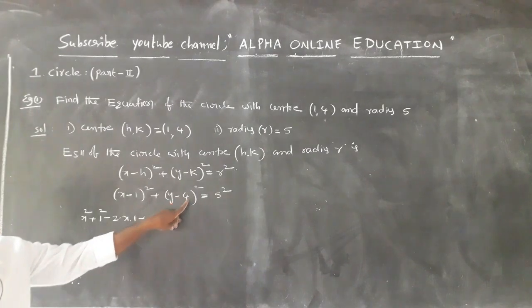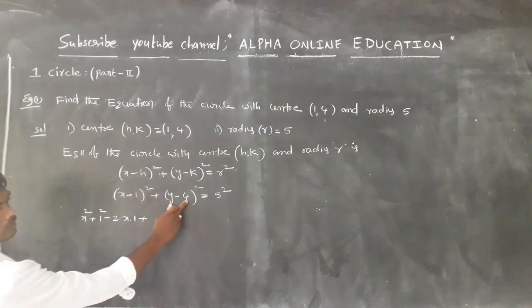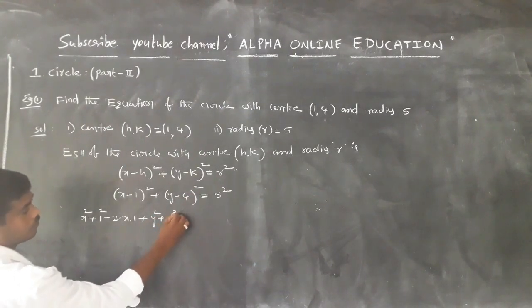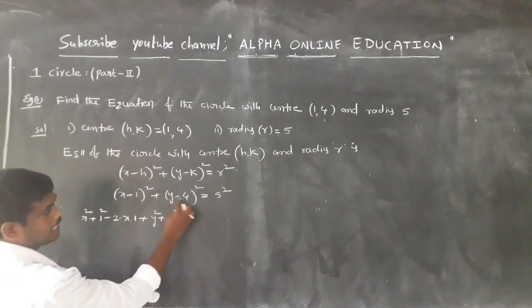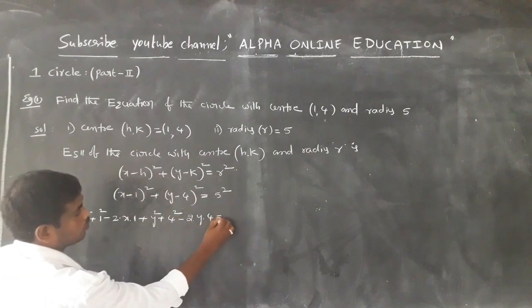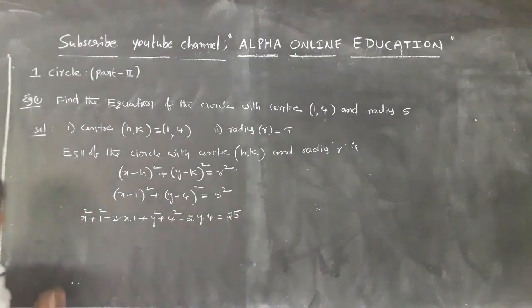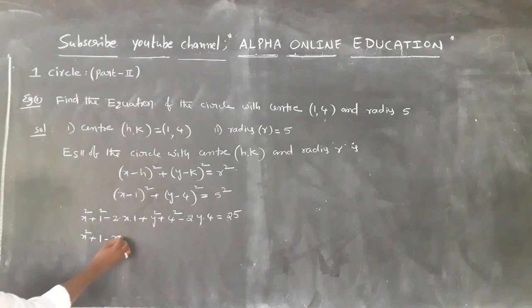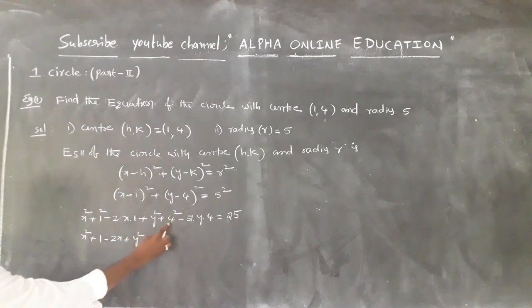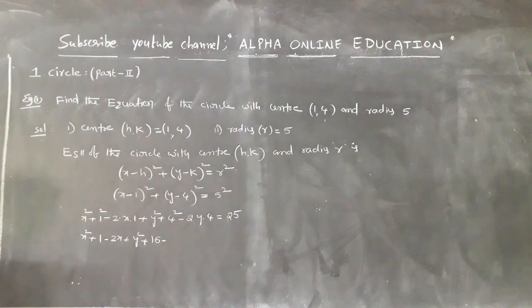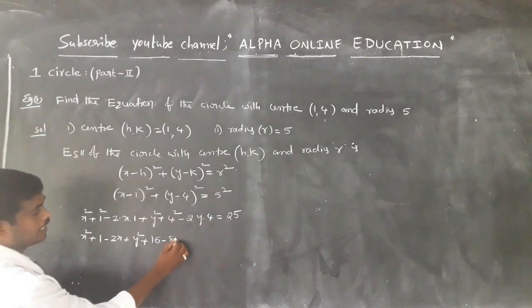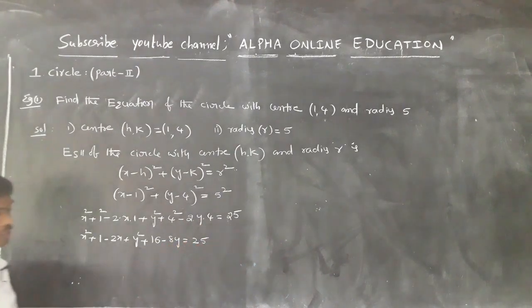Again by using a minus b whole square formula: y square plus 4 square minus 2 into y into 4 is equal to 5 square, 25. x square plus 1 square, 1, minus 2 into x into 1, 2x, plus y square plus 4 square, 16, minus 2 into y into 4, 2 fours are 8, 8y is equal to 25.